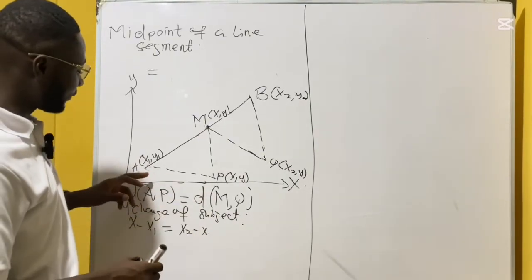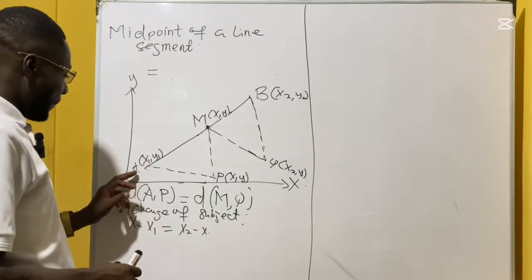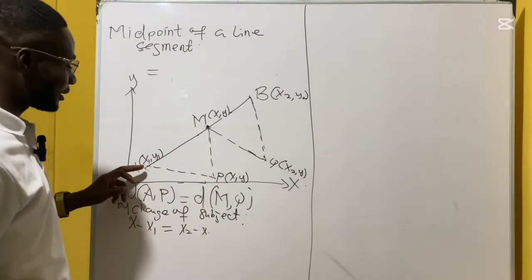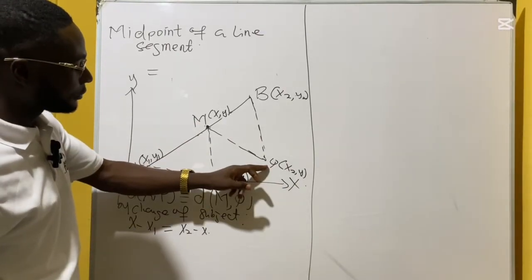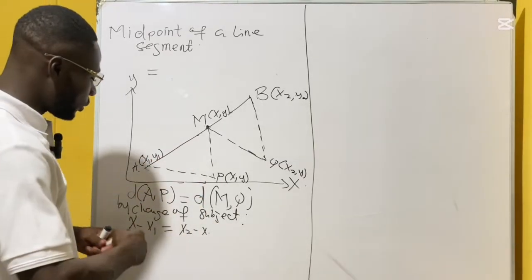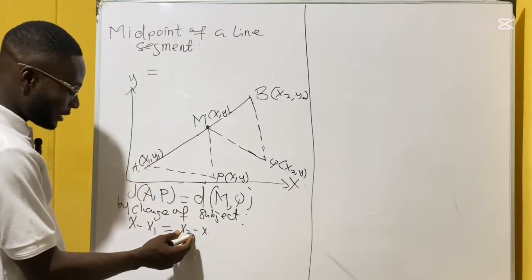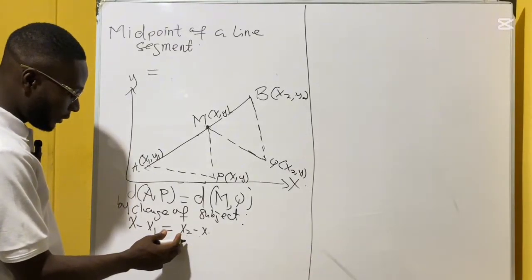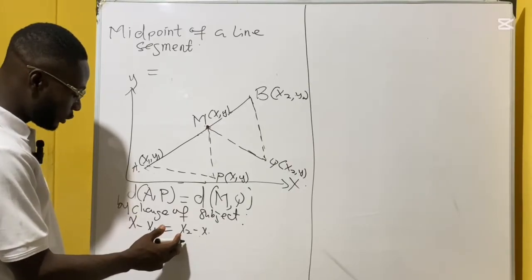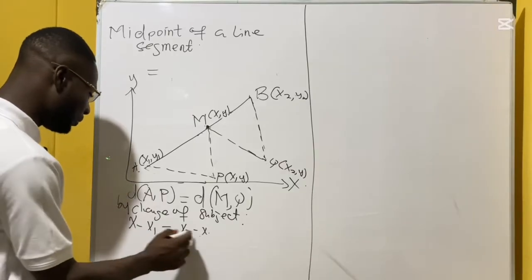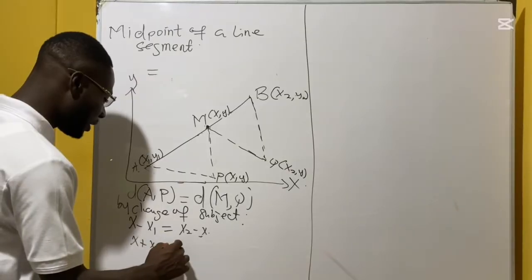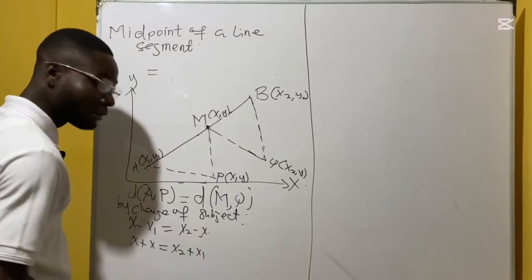That is basically coming from here because we said the distance of AP should be equal to the distance of MQ, right? So that is basically what we have. So by change of subject, let's make x the subject. Okay, so making x the subject, we bring this x here, we're going to have x plus x equal to x2 plus x1, right?